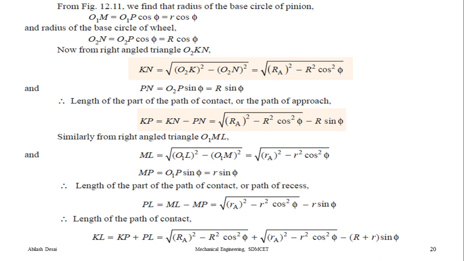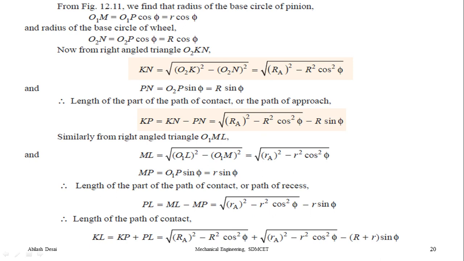So what is O2K? It is nothing but the radius of the addendum circle, that is RA. And O2N, just now you determined from the base circle, O2N is R cos phi. Substitute that, so you get R square cos square phi. Substituting this, you will get root of RA square minus R square cos square phi.